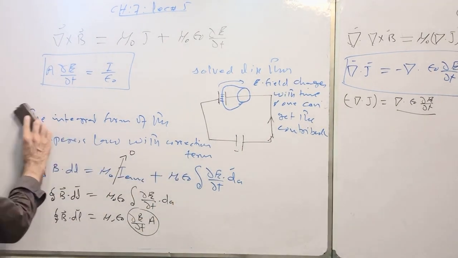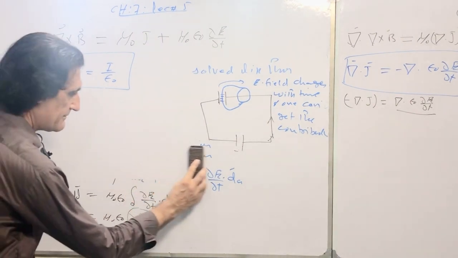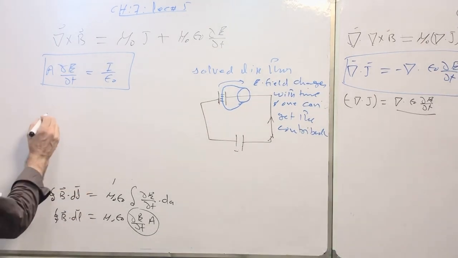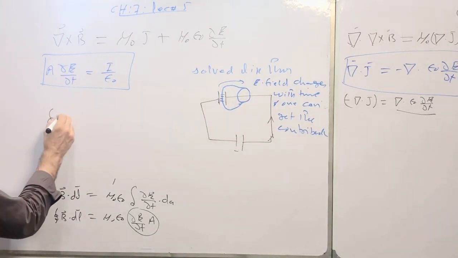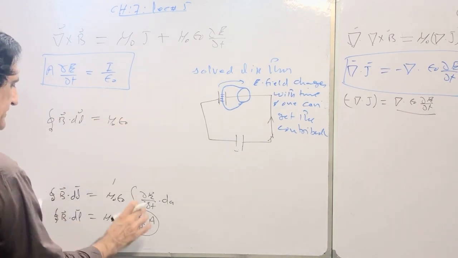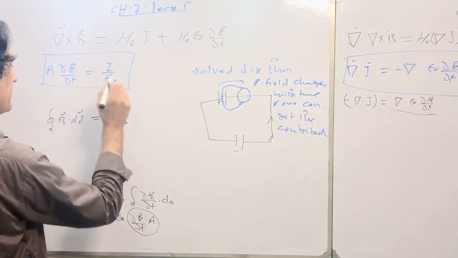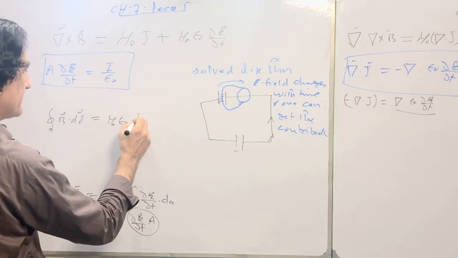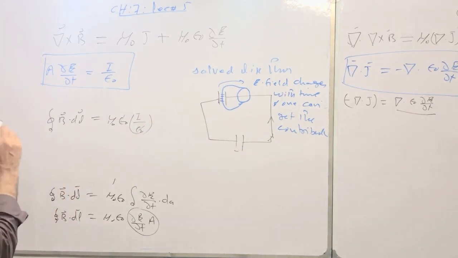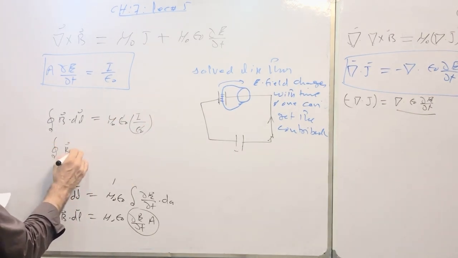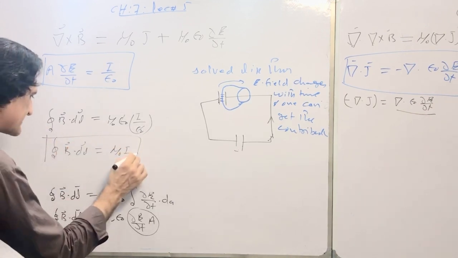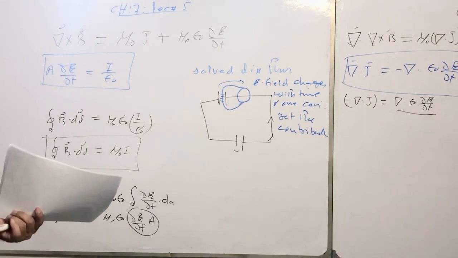Let's see. Now this B dot dl is equal to mu naught epsilon naught, and the value of this I have already calculated. Then I divided by epsilon naught, then this epsilon naught will cancel with this epsilon naught, and B dot dl is equal to mu naught I. This remains the same.